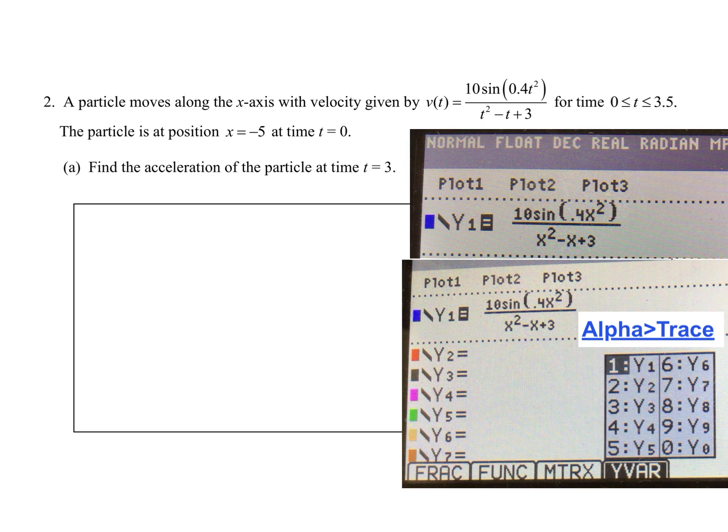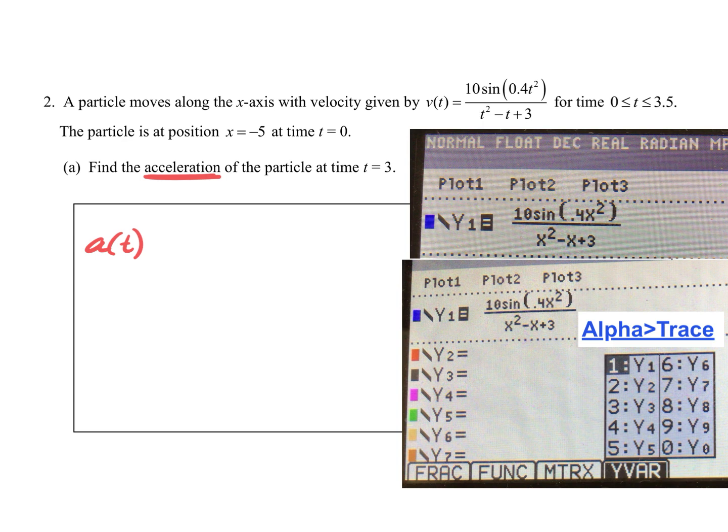What we're trying to find is the acceleration of the particle. They gave us a velocity. So of course, in order to find the acceleration at time = 3, what are we doing? Derivative of the velocity. Okay, so a couple things that you want to think about when you're doing this. They're asking for acceleration, so you probably should have an a of t somewhere in there.